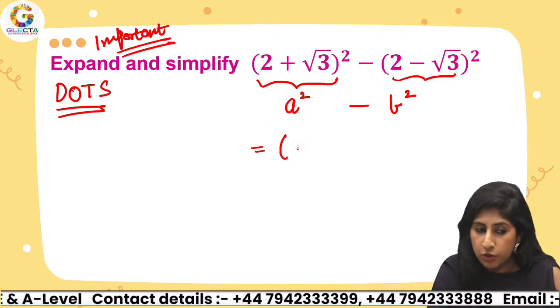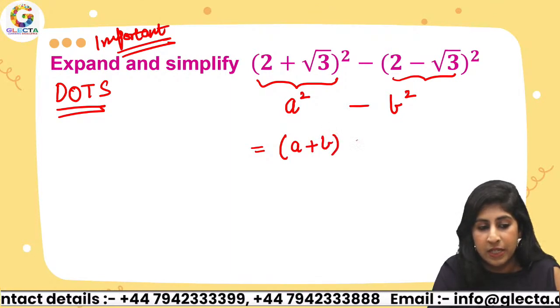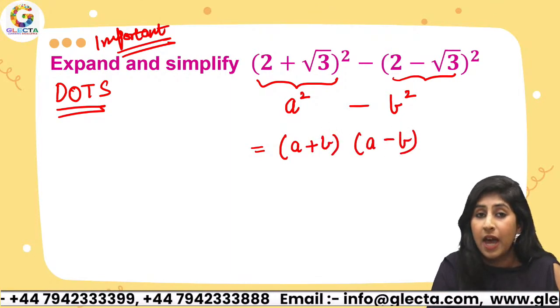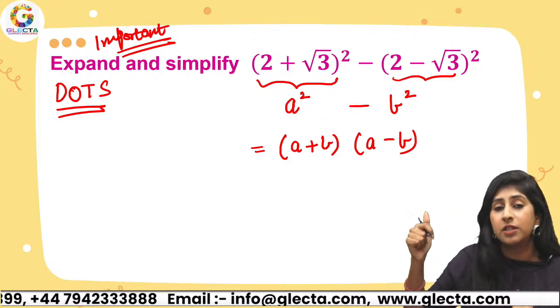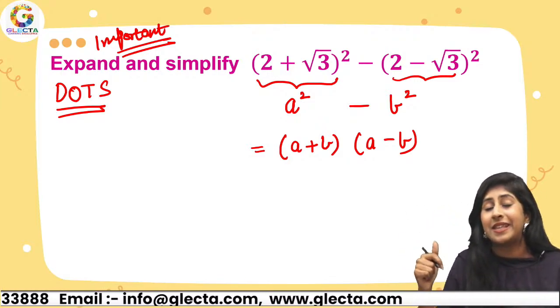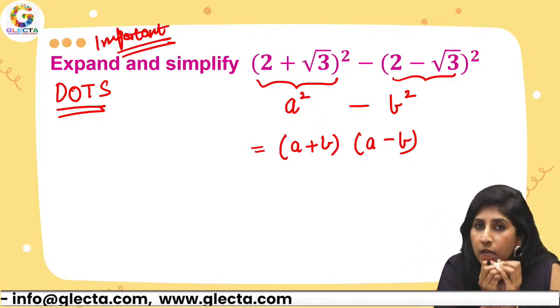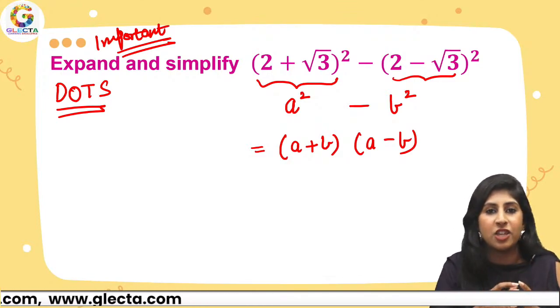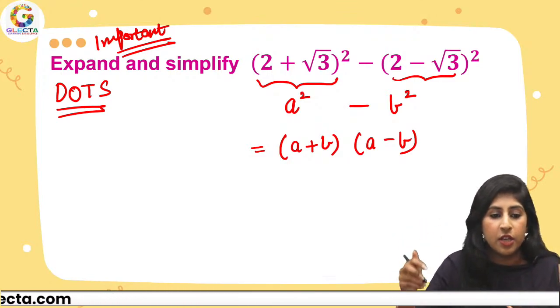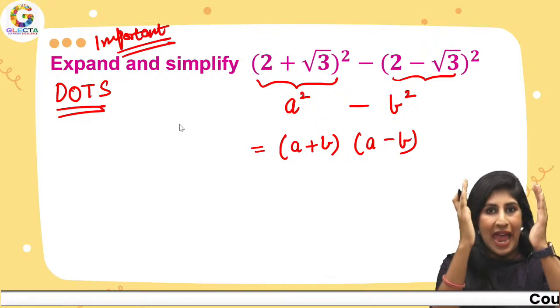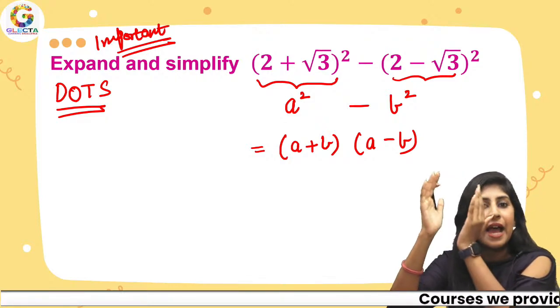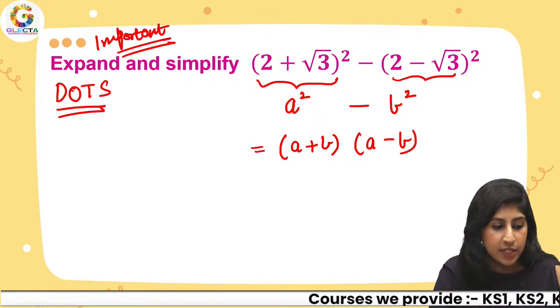And I told you the formula, that is (a plus b) times (a minus b). I discussed how important this formula is for your GCSE exams. There would always be one question related to factorization of this. You just have to add the two terms in the first bracket and then subtract the two terms in the next bracket.